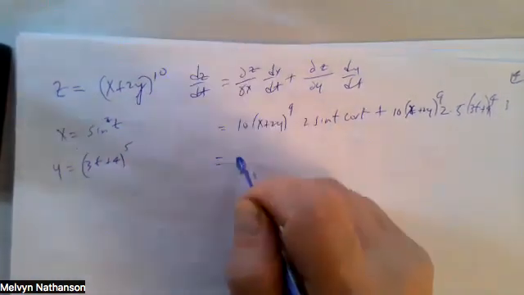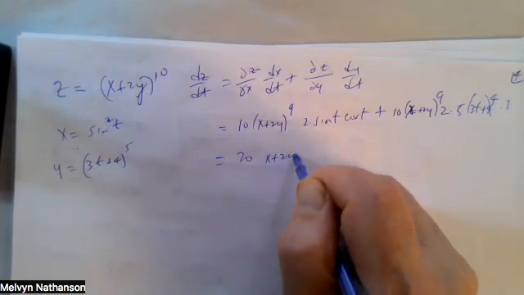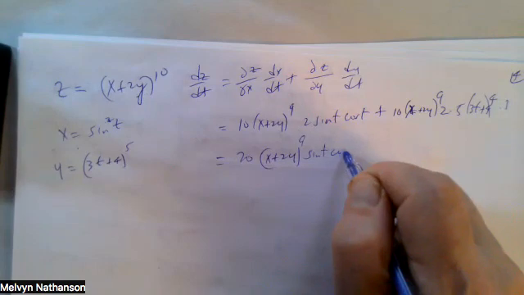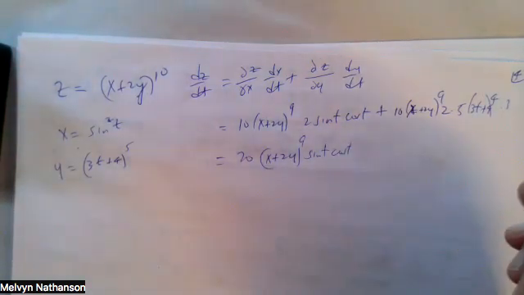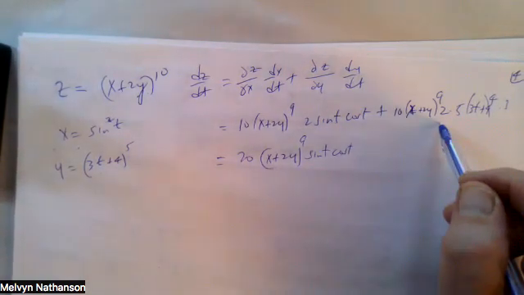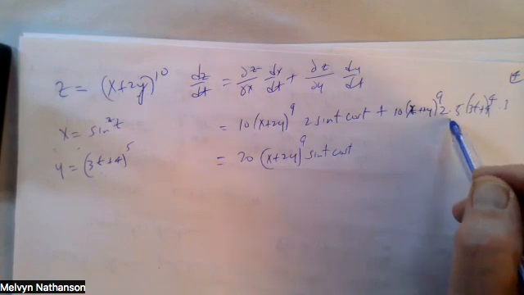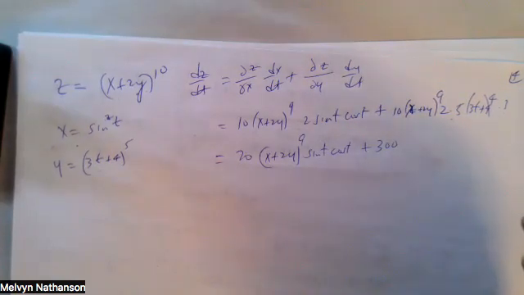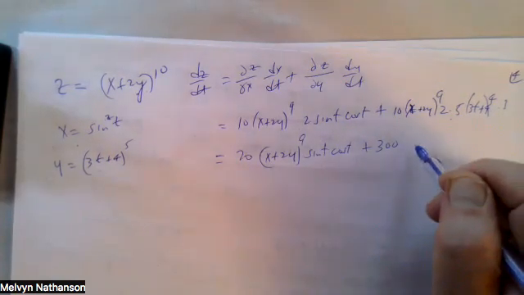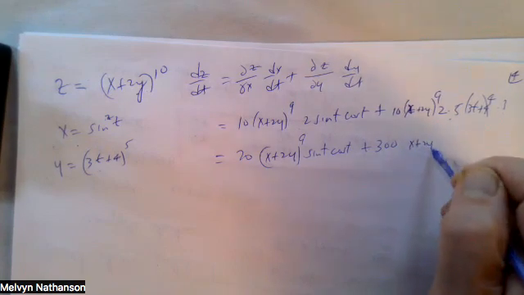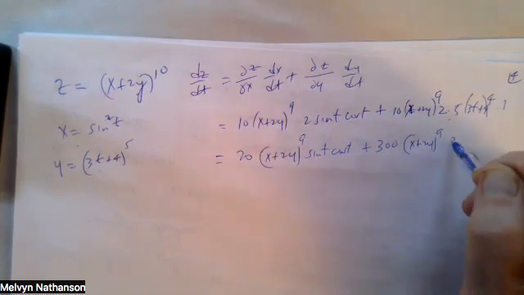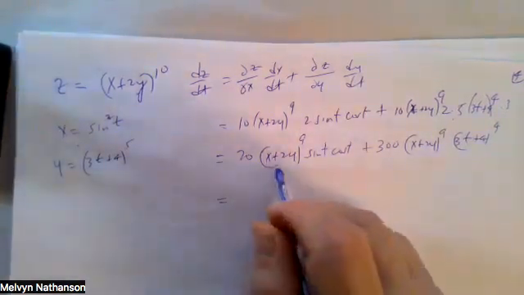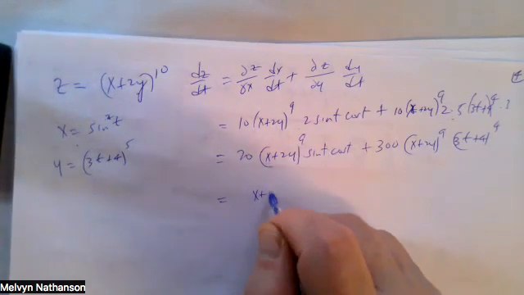So I have 20 (x plus 2y) to the 9th sine t cosine t. Here I have 10 times 2, which is 20, times 5, which is 100, times 3, this is plus 300 (x plus 2y) to the 9th, (3t plus 4) to the 4th. I can factor out (x plus 2y) to the 9th.